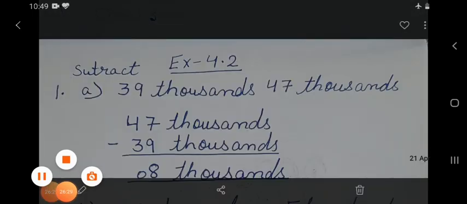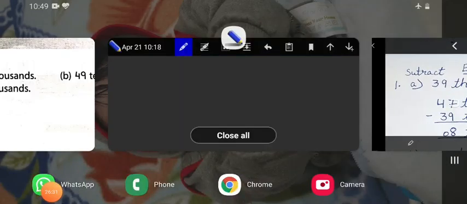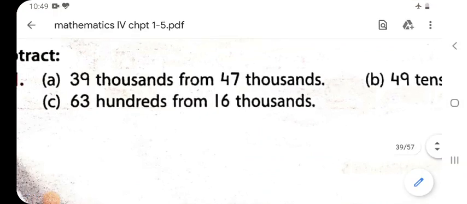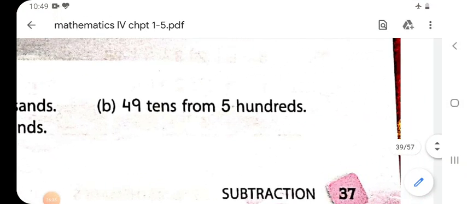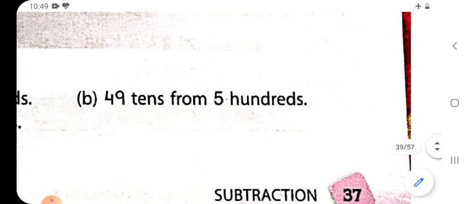Moving to the next, B part. 49 tenths from 500. Okay, as you can notice here, we have to subtract 49 tenths from 500. That means they both are different units.